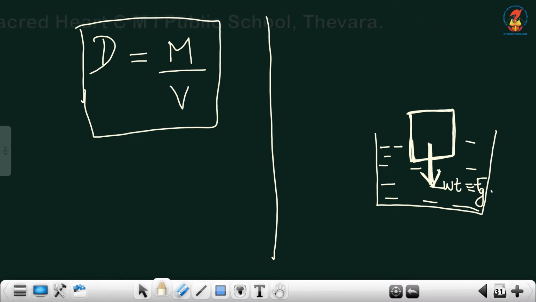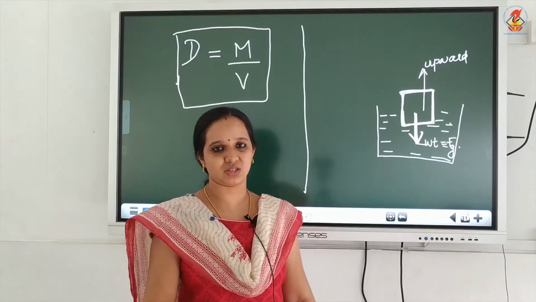And according to Archimedes principle, the fluid in which the object is immersed will give an upward force onto this object. That is, when an object is immersed into a liquid, the object experiences two forces.